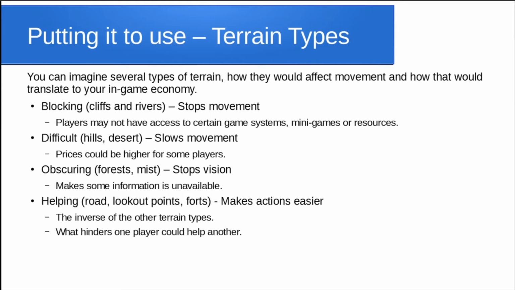And then the inverse of this, the helping terrain: roads, lookout points, forts. If you can get yourself into a certain situation, maybe you can get access to that information, and that helps. These are particularly useful because if you've got a map in front of you and you need to get somewhere and you see a road, well, that's quite obvious.